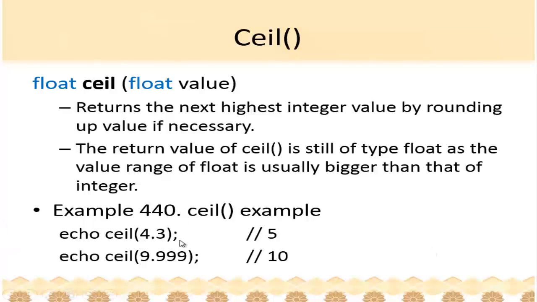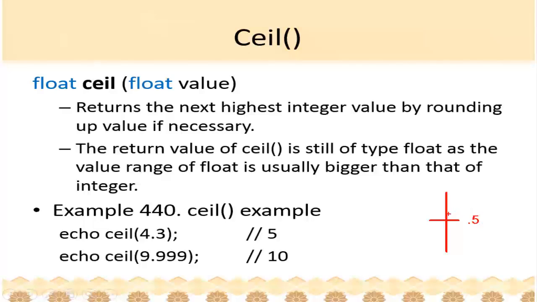If you notice, 4.3 has not crossed the 0.5 limit. I don't know whether you are familiar with the rounding function. In rounding, usually there is this limit called 0.5.